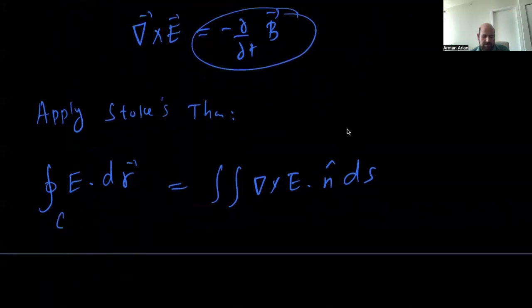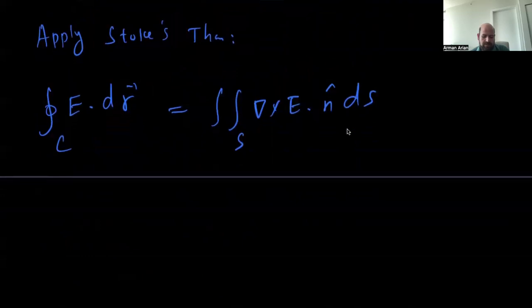So then it is the double integral of minus dB to dt dot n dS.